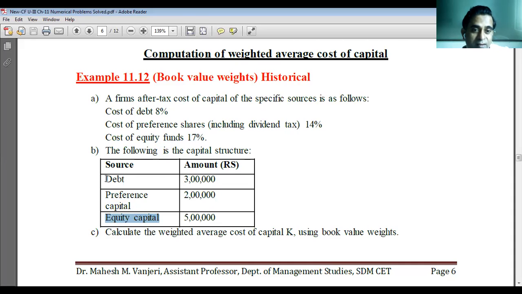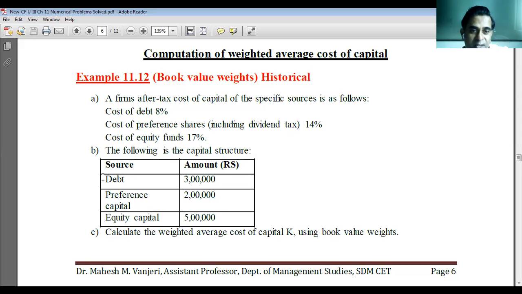When such information is given, you need to understand that these are book value weights, a type of historical weights. Previously, the company raised 10 lakh rupees capital in this proportion: 30% debt capital, 20% preference capital, and 50% equity capital. Total 10 lakh rupees.